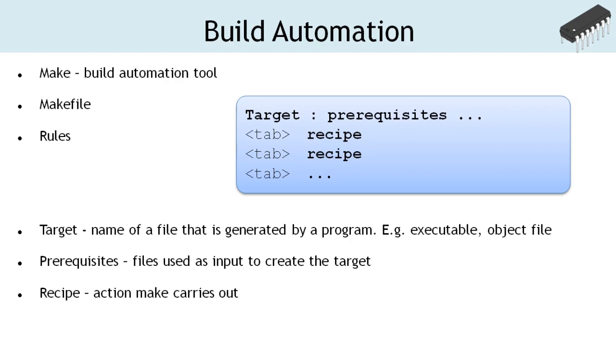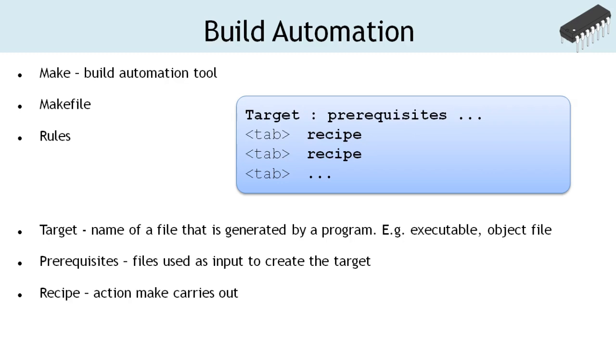Usually, a recipe is in a rule with prerequisites and serves to create a target file if any of the prerequisites change. However, the rule that specifies a recipe for the target need not have a prerequisite. For example, the rule containing the delete command associated with the target clean does not have prerequisites.